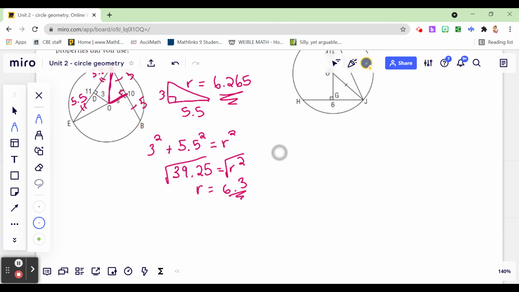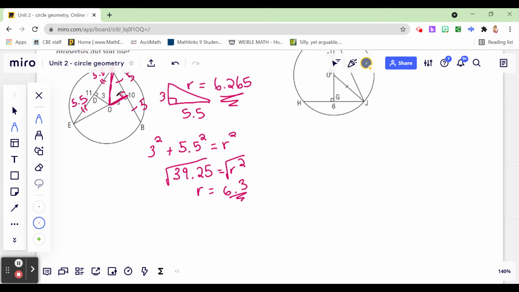Okay, so let's redraw this triangle here. In this triangle, my short side is the S, my radius is the hypotenuse, and my base is going to be 5. I could write my radius as this, and that would be more exact, but this will be fine.